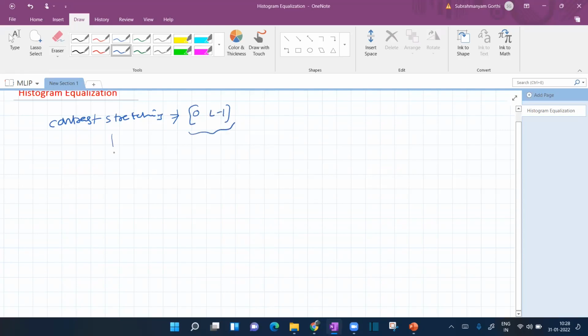All intensities are evenly spread. If you have something like this, if you instead have this, for example, here, okay, something like this, you are spacing also you are changing, and then you are bringing them to 0 to L minus 1.